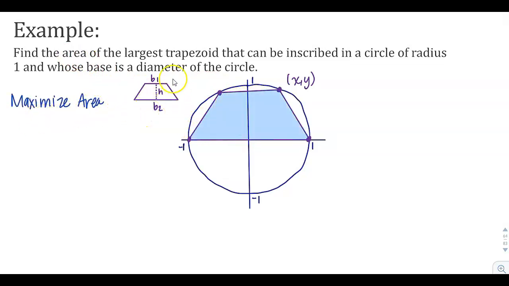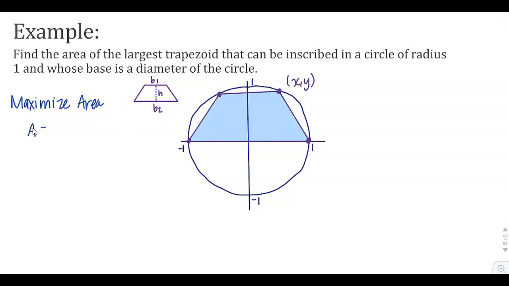The formula for the area of a trapezoid is given by A equals 1/2 height times base 1 plus base 2. But what we want to do is make a connection to this point xy that's on the circle and also one of the vertices of the trapezoid.